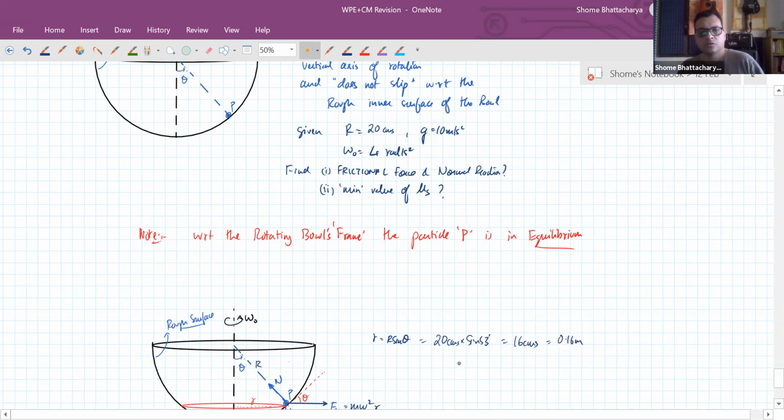Okay. So our centrifugal force will become m into, now omega naught was given to us as 4 radians per second. This will be our centrifugal force.